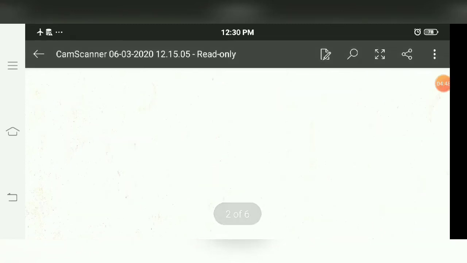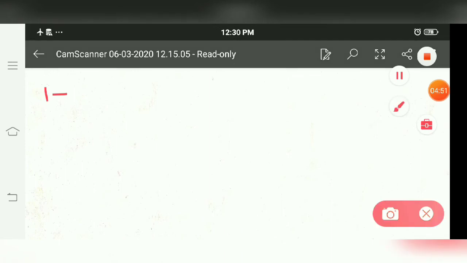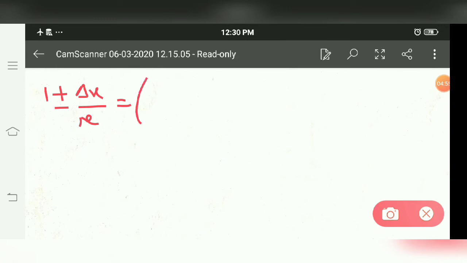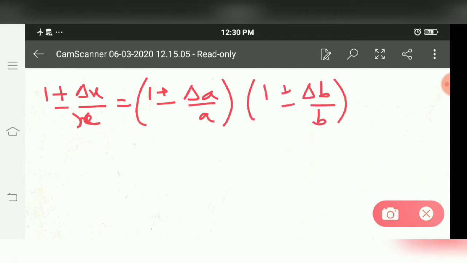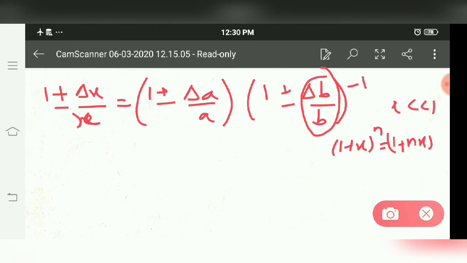Again we get 1 plus minus delta x upon x is equal to (1 plus minus delta a upon a)(1 plus minus delta b upon b) with power minus 1. This is a small term, so by applying the binomial theorem, (1 plus x) raised to power n equals 1 plus nx, because x is very much less than 1, since this is relative error.